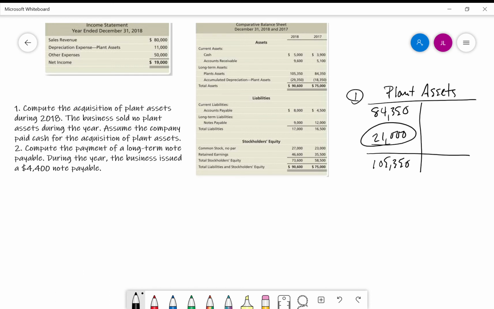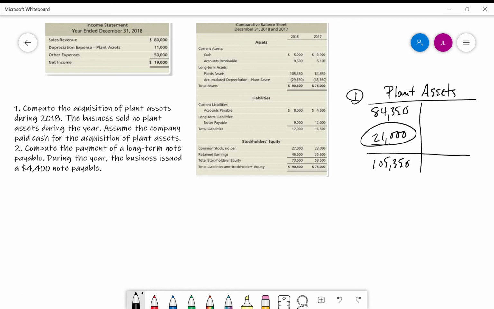That is essentially what we paid cash-wise for plant assets for the year. So in investing activities, we'd see a cash outflow of $21,000.